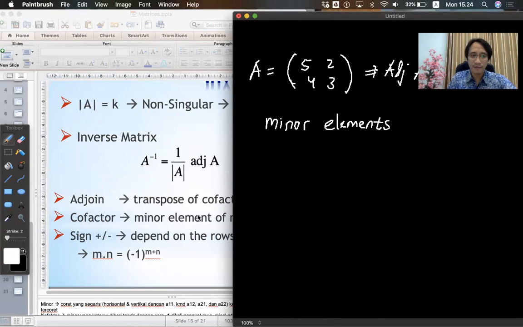And then give the sign to make it a cofactor.